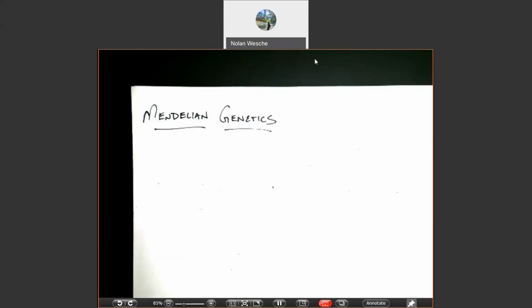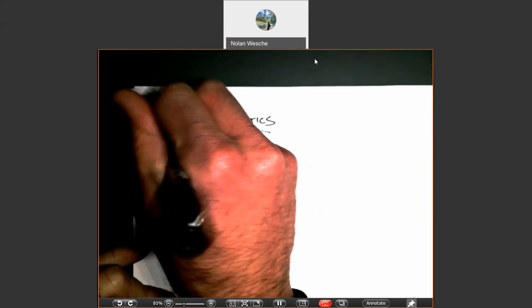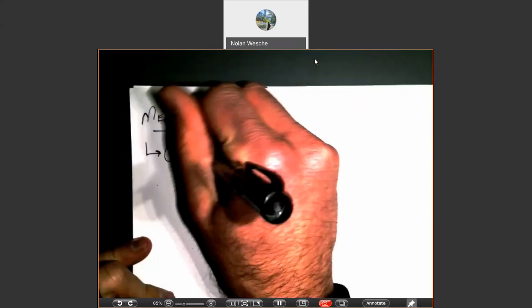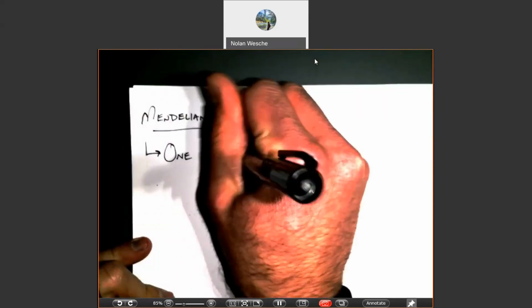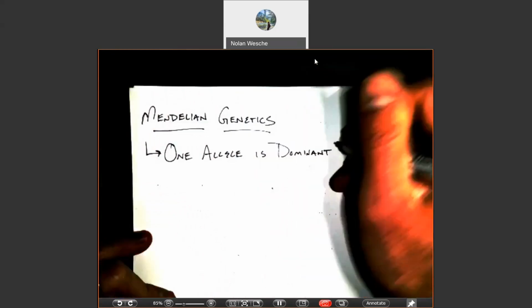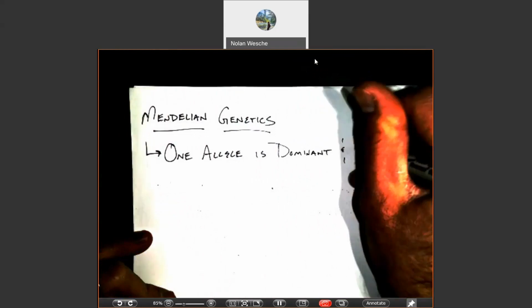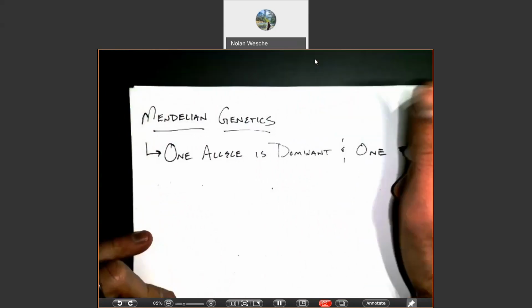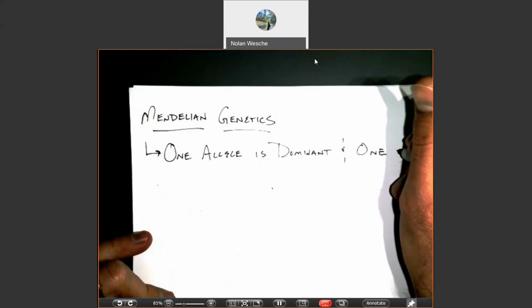So in Mendelian genetics, one allele is dominant and one allele is recessive.